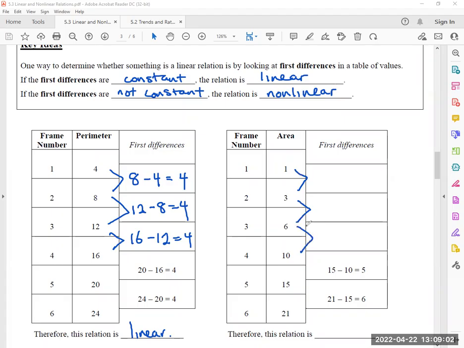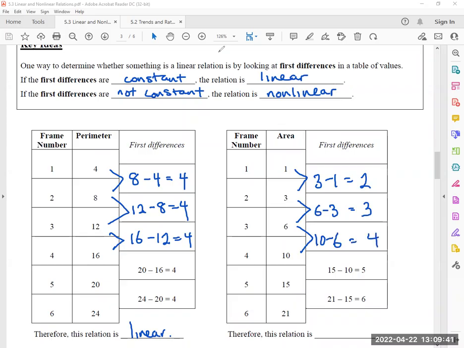Please do that for the second one. I'll give you like 30 seconds. I think you can do it. Three minus 1, 2. 6 minus 3, 3. 10 minus 6, 4.